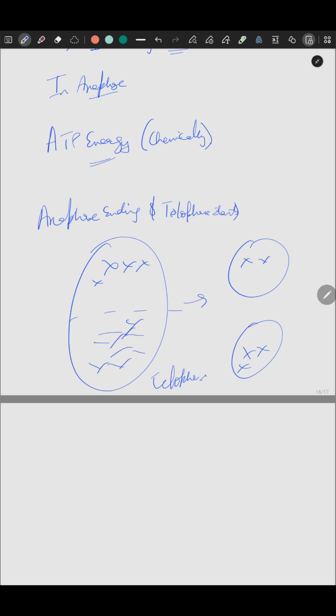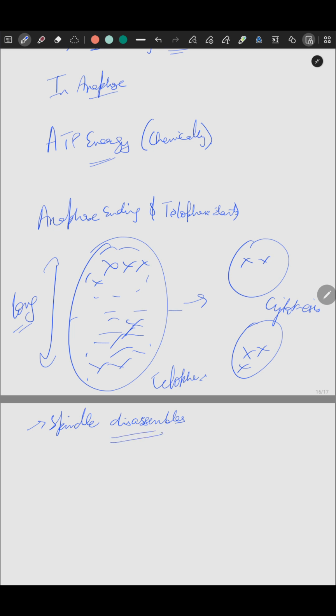And the cell is now longer than before, it is longer in length. The nuclear membranes are forming also. Then cytokinesis happens. The spindle disassembles. Microtubules depolymerize and they recycle the tubulin for future use.